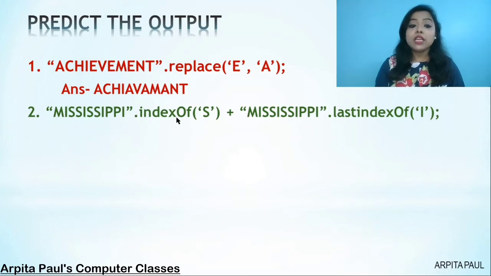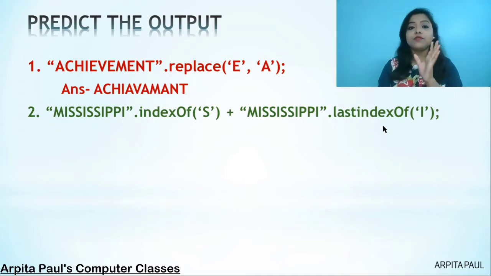So here it will return the index value of the first occurrence of the character S. Let us check where S is occurring. Index value always starts from 0. So 0, 1, 2. At the second index it is occurring. So from this statement we will get 2.